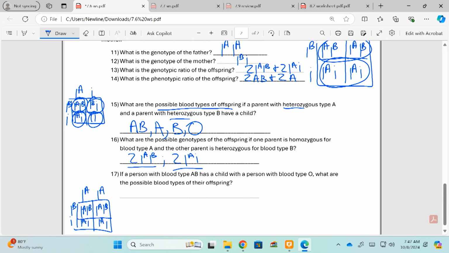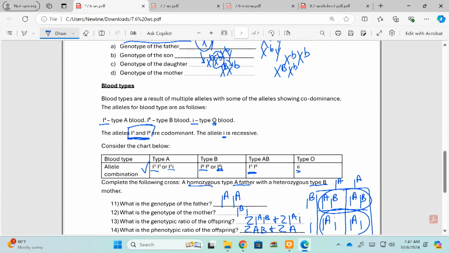If a person with type AB blood has a child with a person with blood type O, what are the possible blood types of their offspring? For this one, notice that we've got AB type blood and O type blood, and it's not telling us if it's homozygous or heterozygous, but that's because, if you remember, for these blood types there's only one combination.